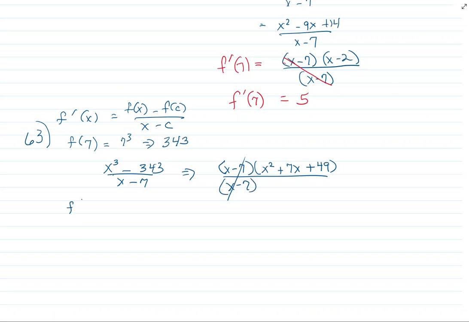And they want the instantaneous rate at 7. So this is 7 squared, 7 times 7 plus a 49. Big number. 49 plus 49 plus 49.